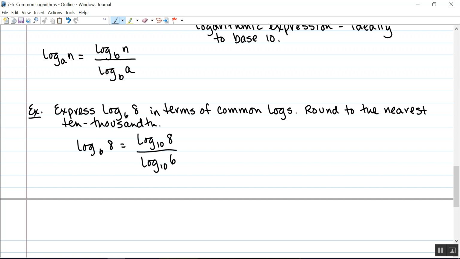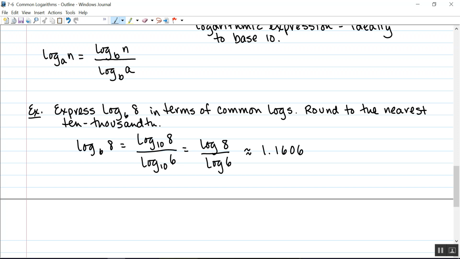So this number goes on top, my base goes on the bottom, and I'm using a base 10 log, which I could actually even write more simply as log of 8 over log of 6. Plug that into your calculator, and it's approximately 1.1606.